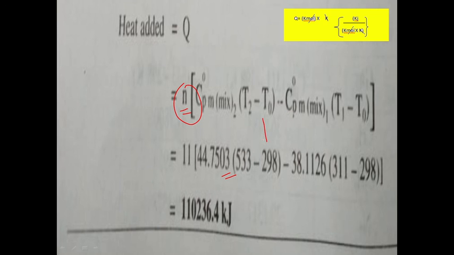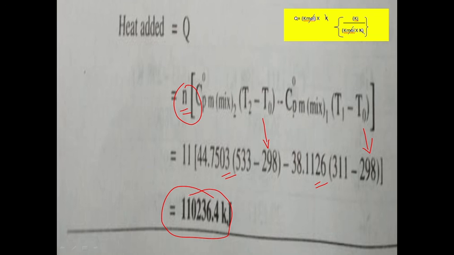T0 is the reference temperature, that is, the standard temperature, 298. Cp m dot mixture 1 is also a calculated value; refer to the previous slide. T1 is a known value, 311. T0, as I said, is also the reference or standard temperature. After substituting these values, we finally get 110236.4 kilojoule.